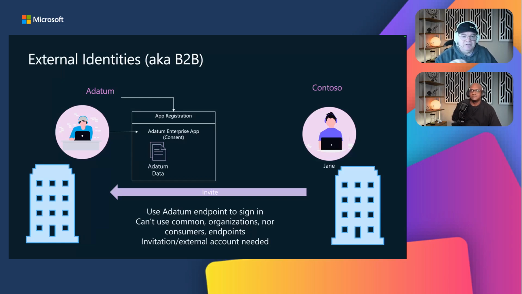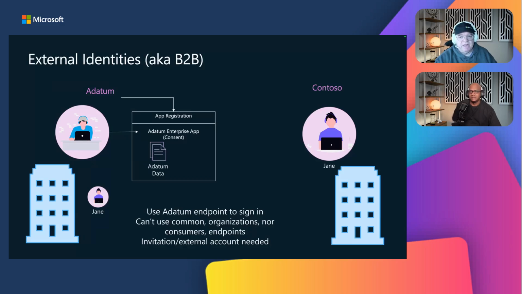Now, the interesting separation here is that when Jane goes to access, let's say, a SharePoint file in the adatum tenant, and she goes to sign in, the first thing, of course, is she'll be asked to sign in, and at that point, we'll say, well, we don't know who Jane is, but go ahead and type. She'll type in her credential or her name.